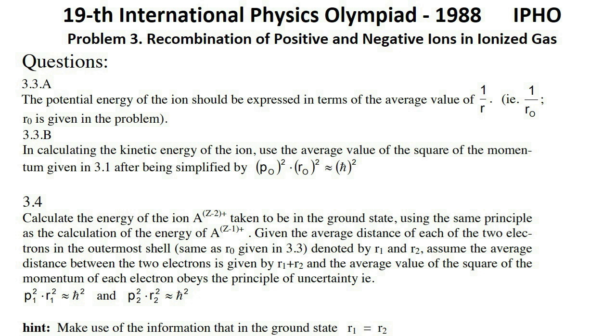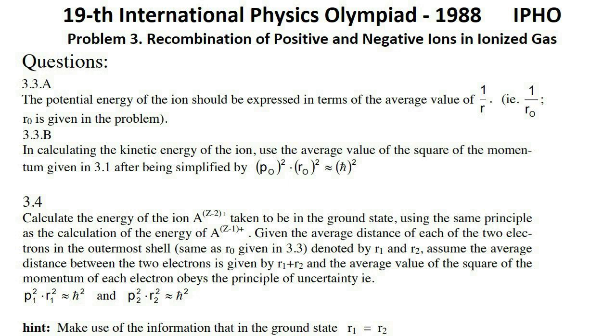Question 4. Calculate the energy of the ion AZ-2 plus taken to be in the ground state, using the same principle as the calculation of the energy of AZ-1 plus. Given the average distance of each of the two electrons in the outermost shell, same as R0 given in 3.3, denoted by R1 and R2, assume the average distance between the two electrons is given by R1 plus R2, and the average value of the square of the momentum of each electron obeys the principle of uncertainty.